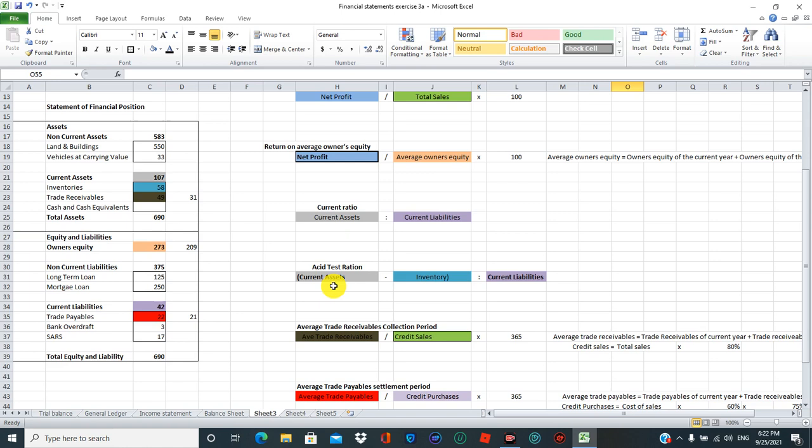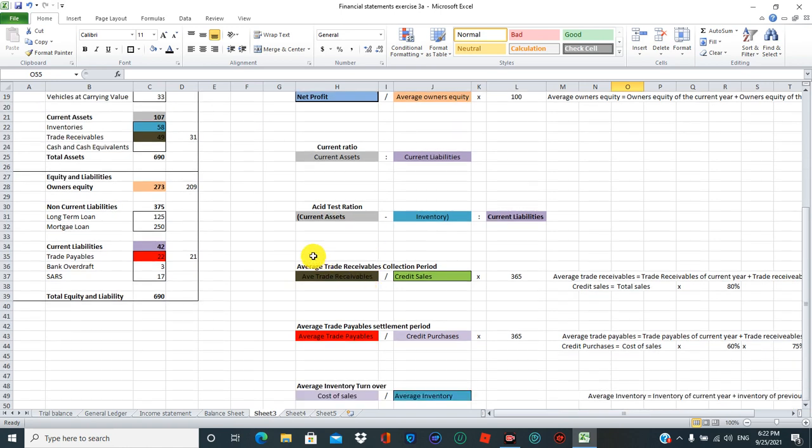Great, and now we're doing the acid test ratio. That'll be your current assets minus your inventory in brackets compared to your current liabilities. So it's your current assets, 107, minus your inventory, 58, compared to your current liabilities.